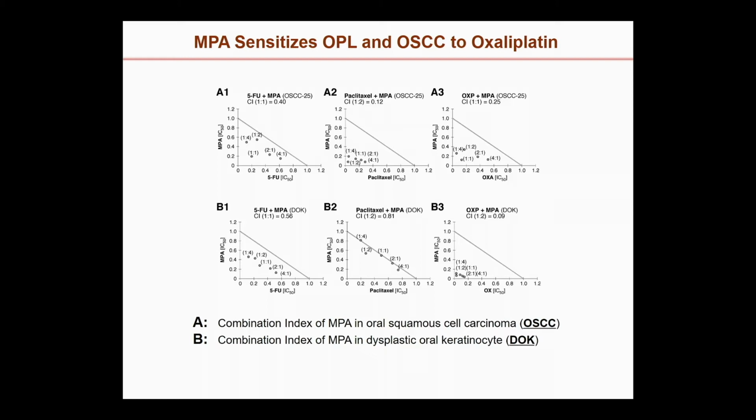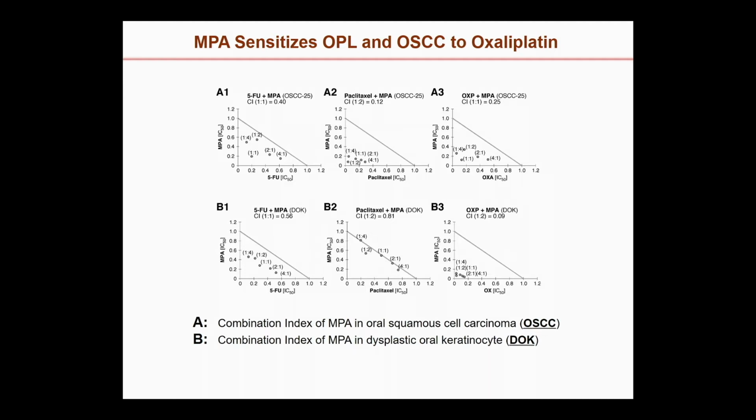So a specific combination with oxaliplatin kills oral premalignant lesions cells as well as oral cancer cells significantly, shown here on the right side. The top one is the cancer cell line. The bottom one is the precancerous cell line. And the combination with oxaliplatin with mycophenolic acid is shown in the right column.